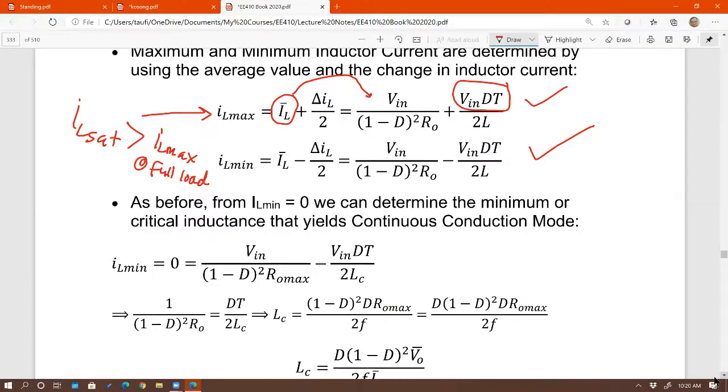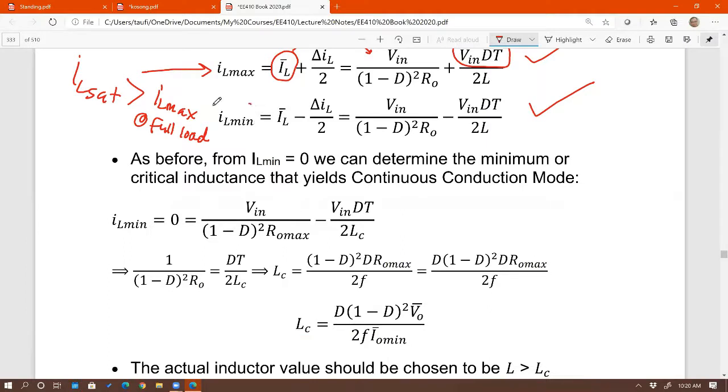All right. IL min, where is this useful? Well, if you are sticking with the textbook method for finding critical inductance, then IL min will be useful because I can just set IL min to be equal to 0 for boundary conduction mode. Remember boundary conduction mode, IL min is equal to 0. You set it equal to 0, and you can see that I'm using the same exact equation right there.